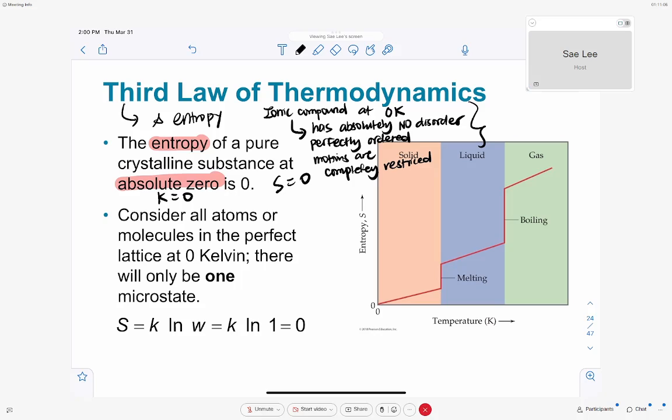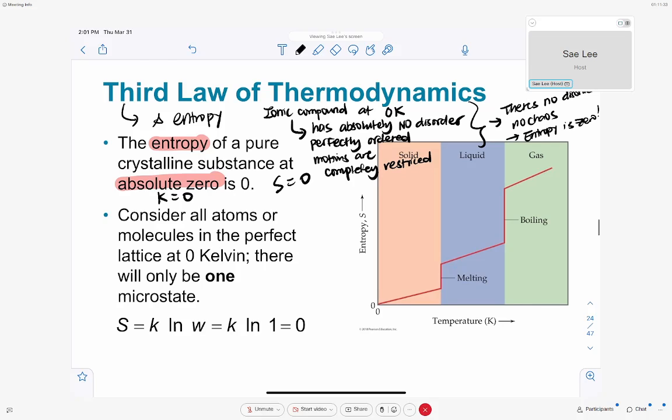Due to these reasons, this type of crystal is considered to have no disorder, no chaos, entropy 0, according to the third law of thermodynamics.